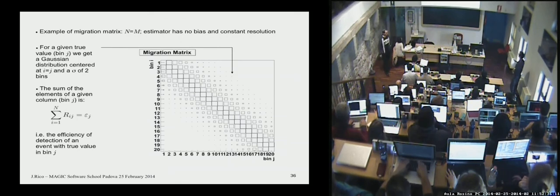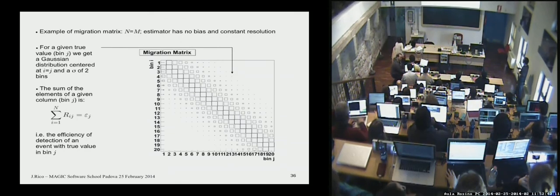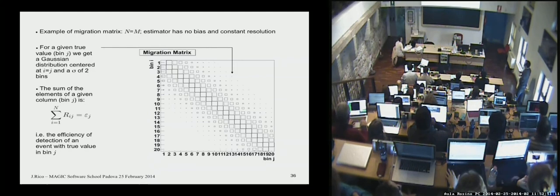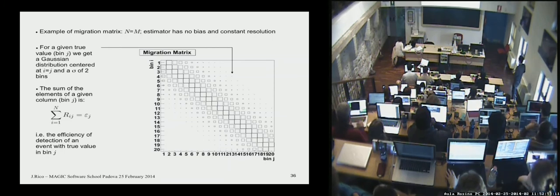So this is how a typical migration matrix can look. In this case, it is done by considering Gaussian estimators with no bias and a standard deviation sigma of 2 in these units, which is the number of bins.